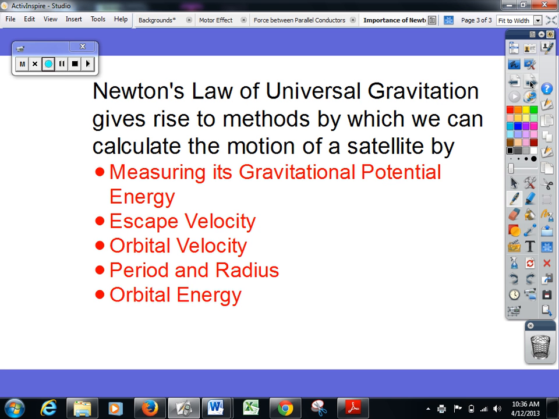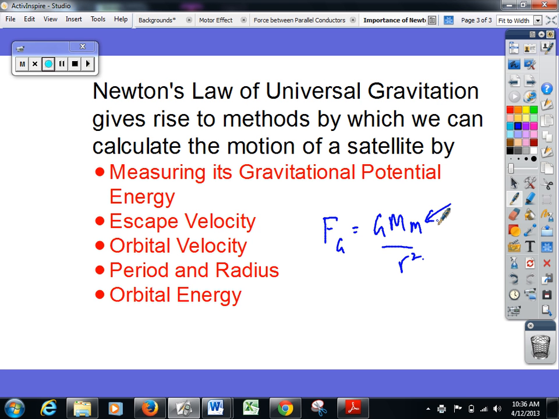By measuring its gravitational potential energy, its escape velocity and orbital velocity, its period and its radius, that's by Kepler's law, and finally by orbital energy. And don't forget, when you're mentioning all of this, that we can also work out the gravitational force on the satellite, which is given by that formula, because little m in this case is the mass of the satellite.